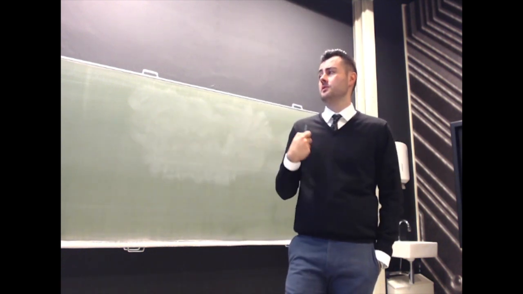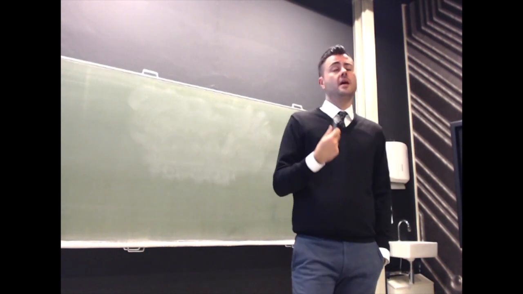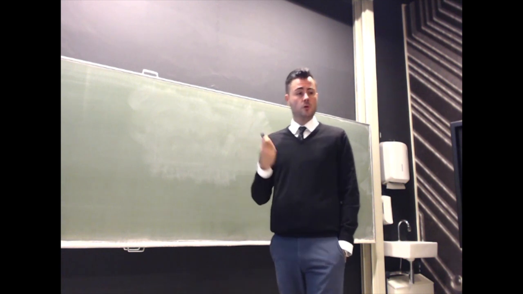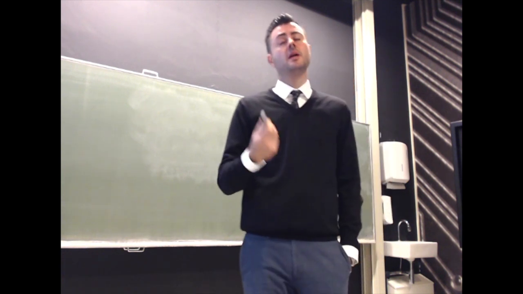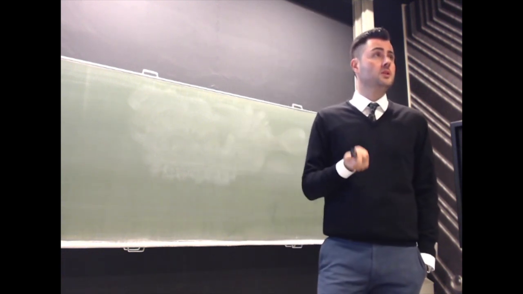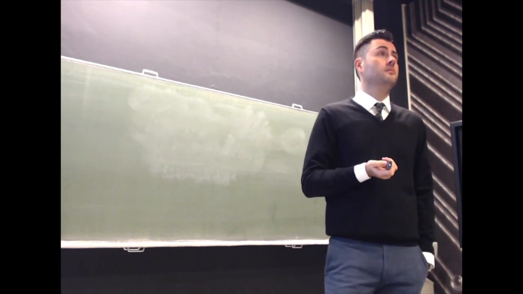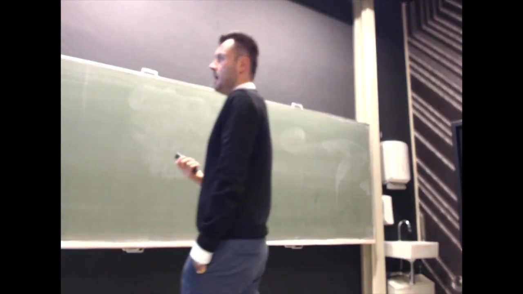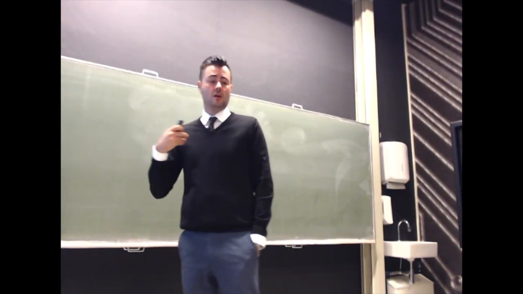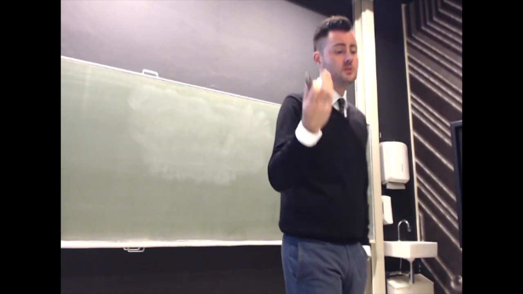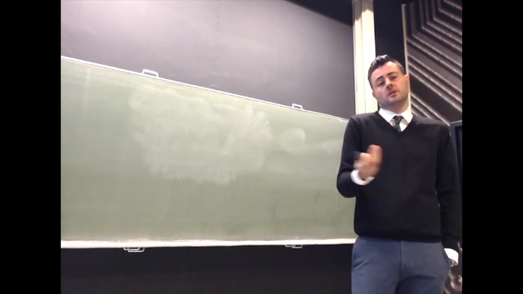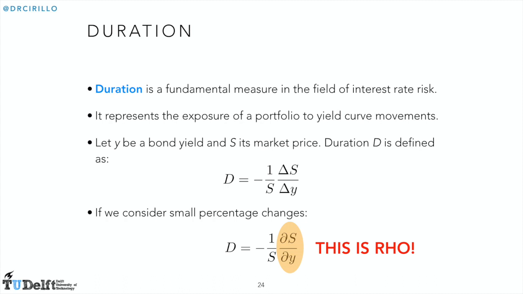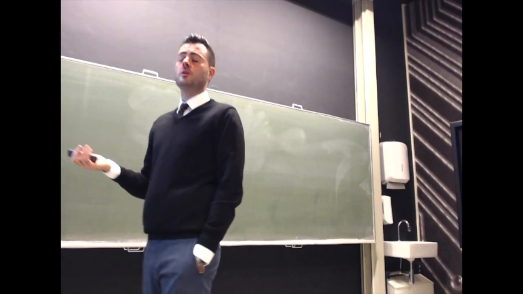But what is important to us is to recognize that actually duration is that function I was speaking about last time that involves the rho. And where is rho? Here. You see that duration is minus 1 over S, the sensitivity of the asset we are considering with respect to the yield. And the yield is the interest rate. Okay? So dS dY is nothing more than rho.